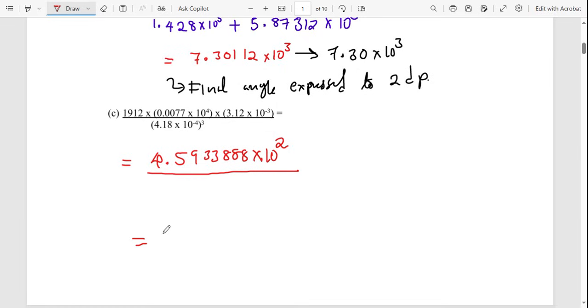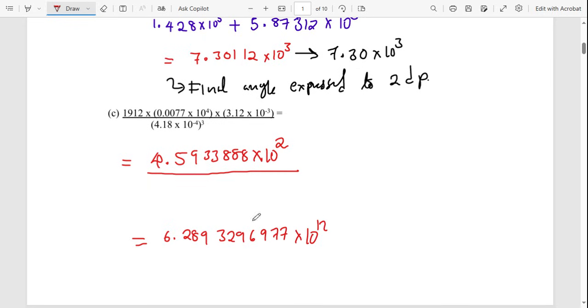Let me look at it in standard form. Okay, so this answer in standard form is 6.289,329,6977 times 10 to the power 12.